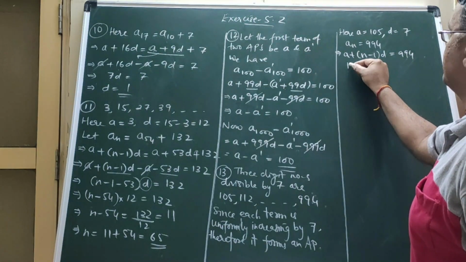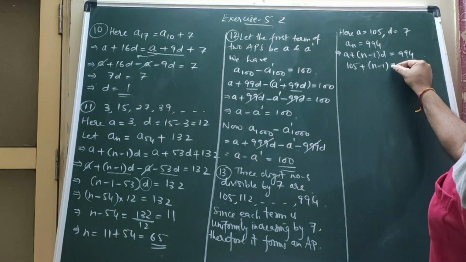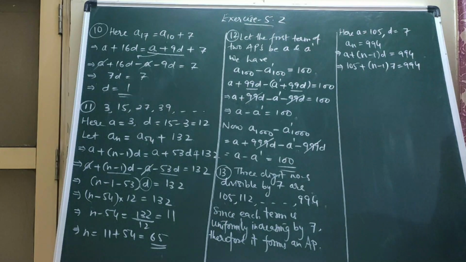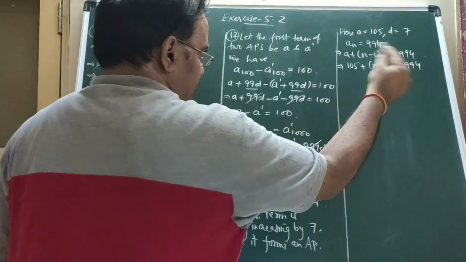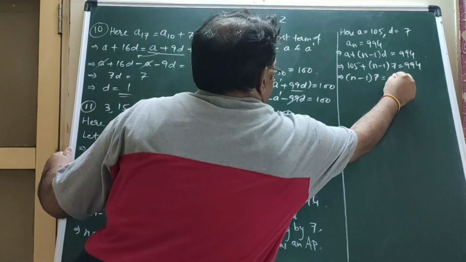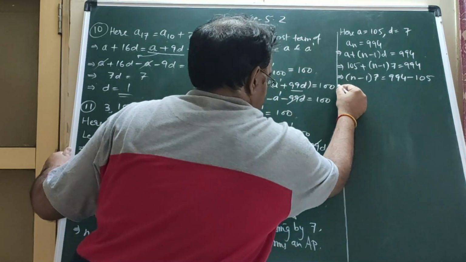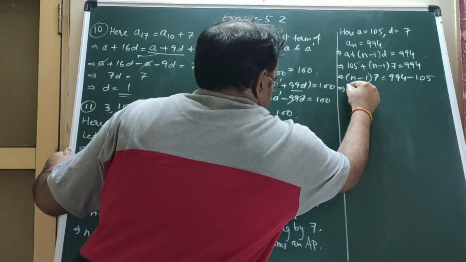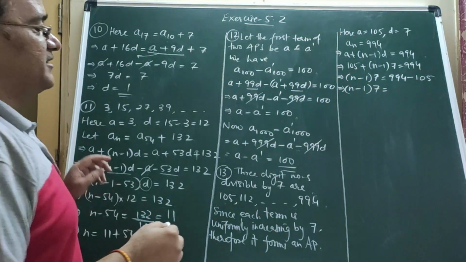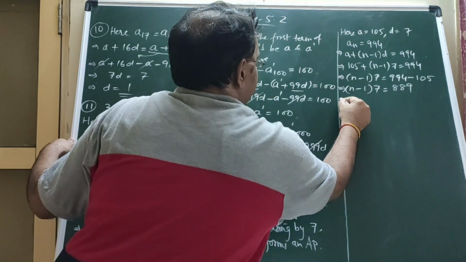Now substitute the value of a and d. What is the value of a? 105. And what is the value of d? 7. Now shift 105 to this side. So वहां पे जाएगा तो क्या होगा, माइनस हो जाएगा. 994 minus 105 will be equals to 889.